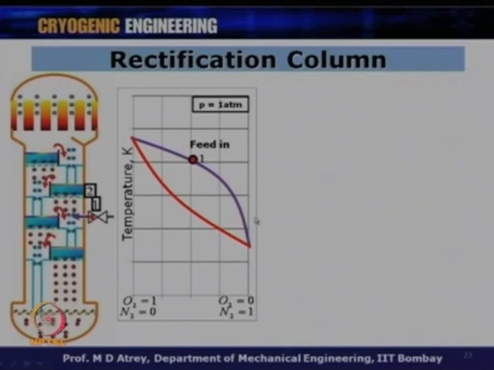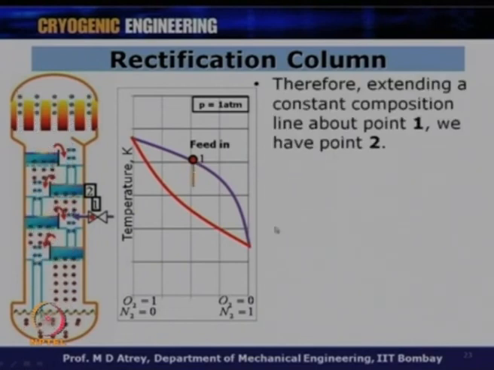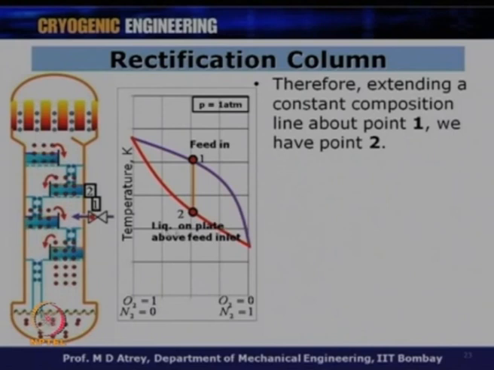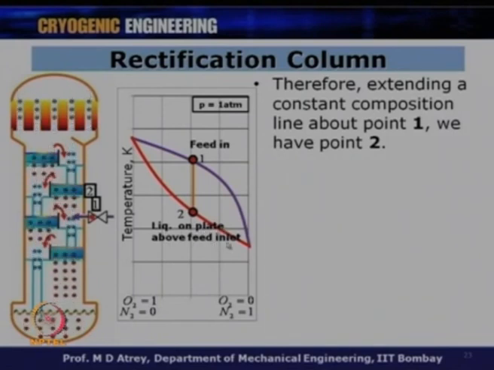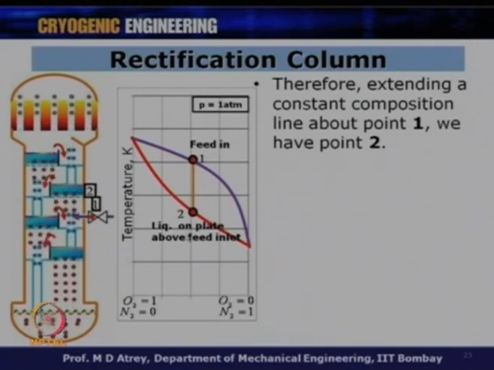So, now I can draw point 2, and point 2 basically denotes the composition of the liquid on the plate above this feed. The molar composition remains the same, and the temperature is less than at point 1. Therefore, extending a constant composition line above point 1, we get point 2.